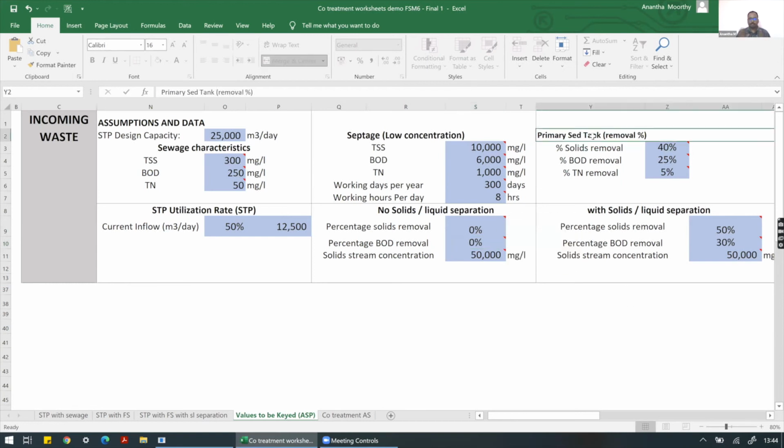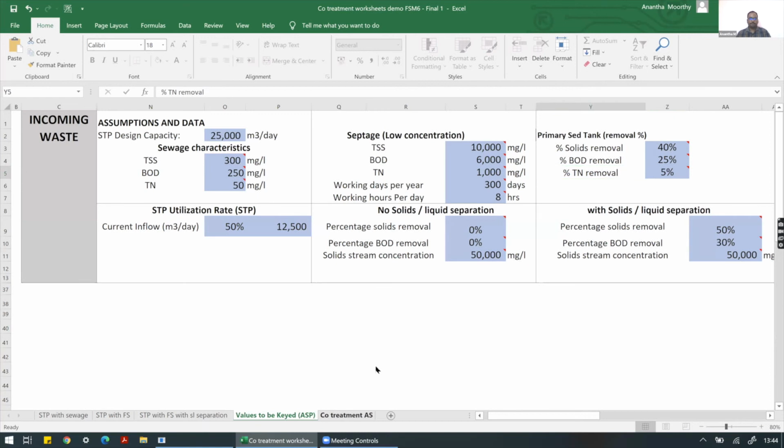In most STPs, there will be a primary clarifier, or there might not be one and it will be just equipped with an equalization tank. If you have a primary clarifier or a pre-treatment, then the values for how much that primary clarifier is designed to remove solids, BOD, and TN have to be taken from the DPR, the design basis of the STP. These are the data that I am going to use here to simulate and show you how the tool responds.